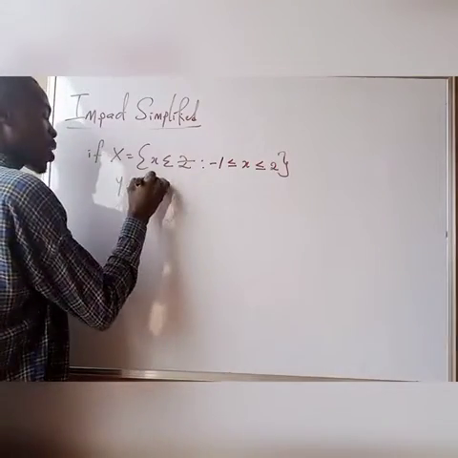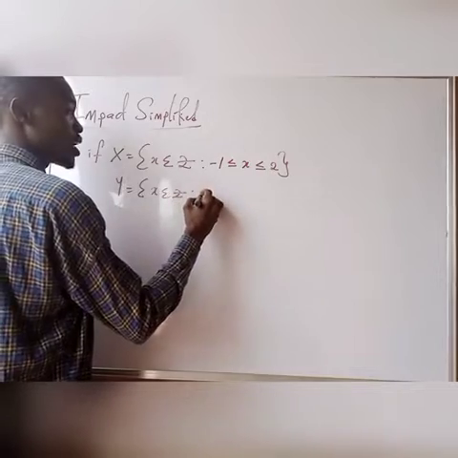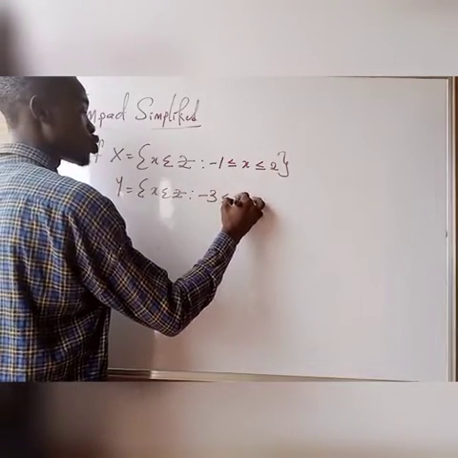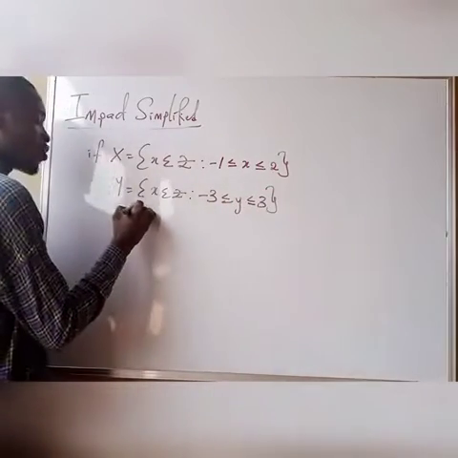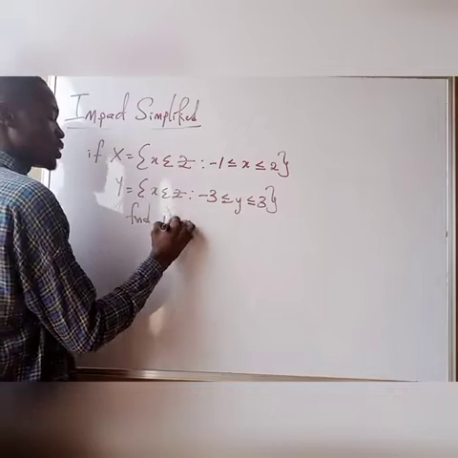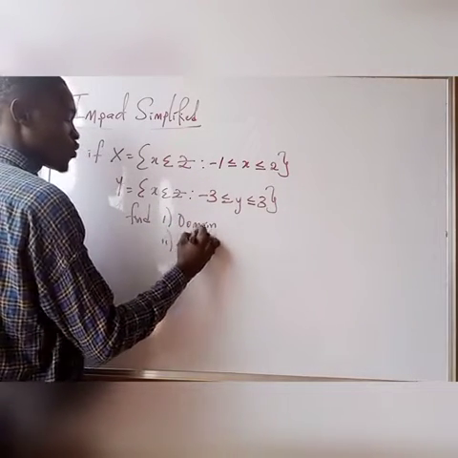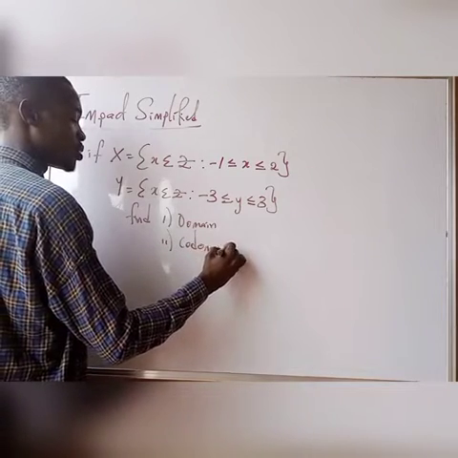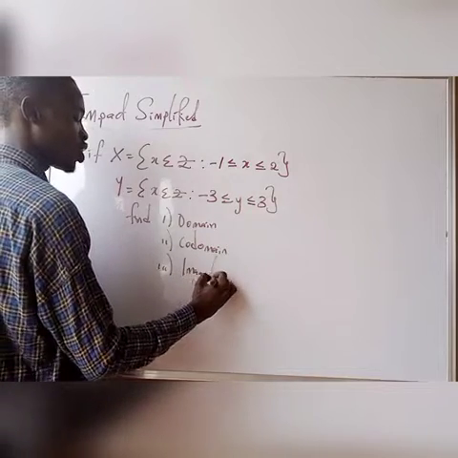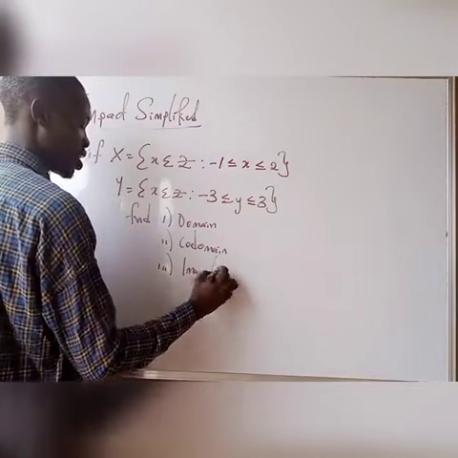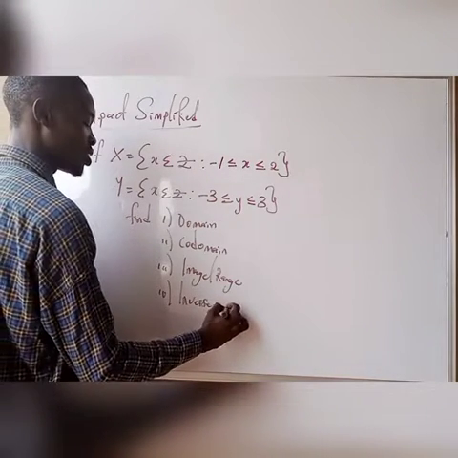And we have our y, the output variable, to be an element of Z, ranging from minus 3 to 3. Now from this, they said we should find 1, the domain; 2, the codomain; 3, the image or the range; and lastly, the inverse image.